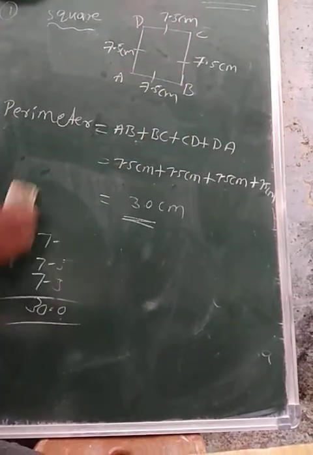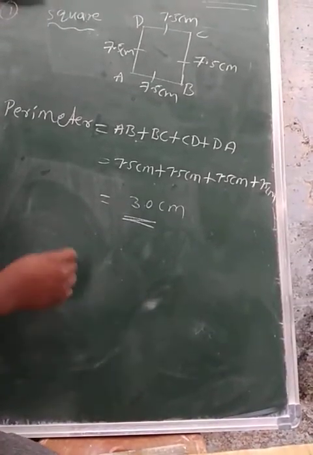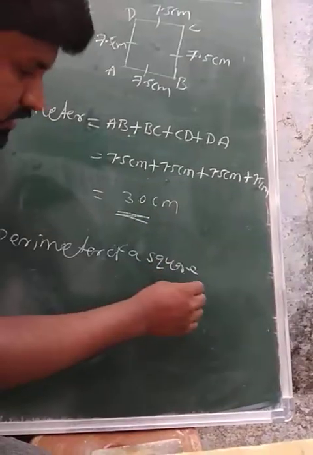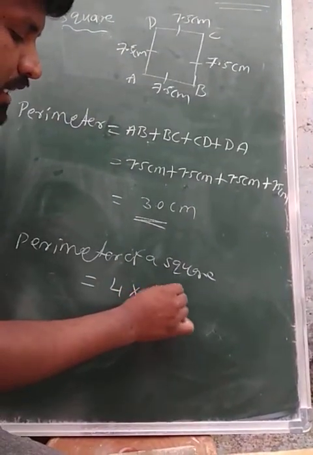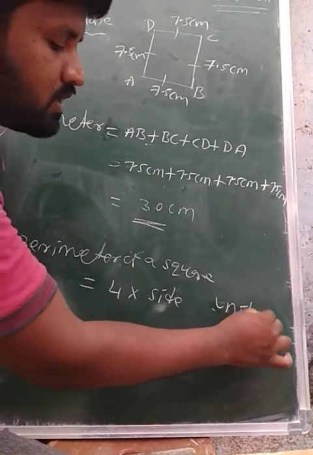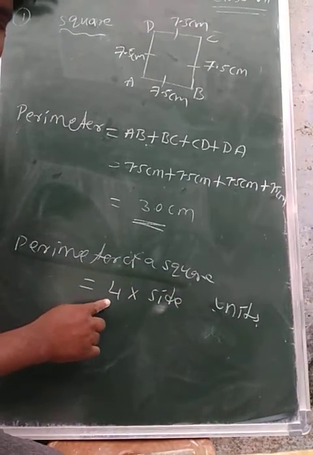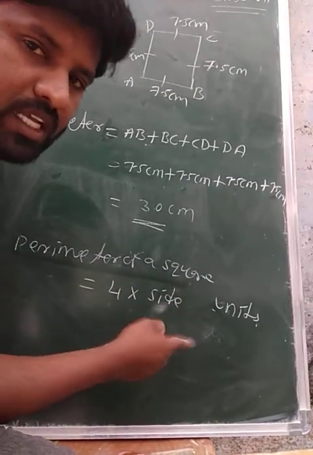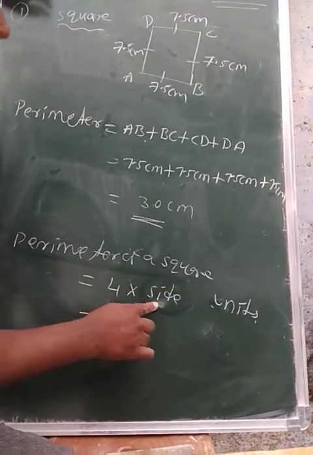Now let us use the formula directly. Perimeter of a square is equal to 4 into the length of any side. What is the formula? 4 into the length of any side.